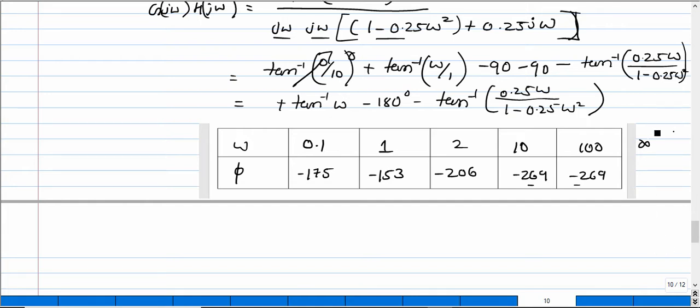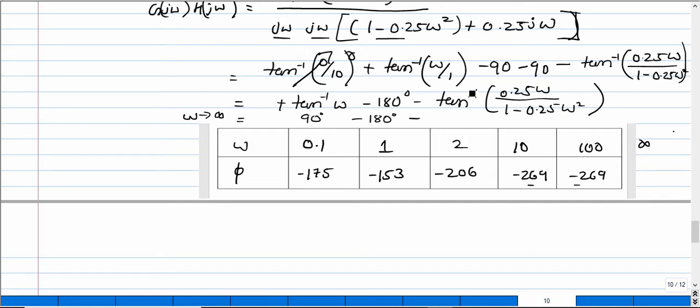To cross check, see what happens if you substitute infinity. When I substitute omega as infinity, tan inverse of omega will be 90 degrees, followed by minus 180 degrees. And what happens to the second order function?